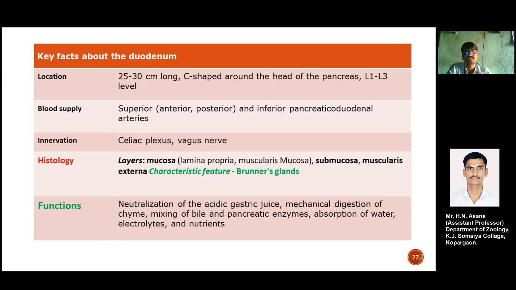Okay, the mixing of bile and the pancreatic enzymes by the specialized ducts which open into the duodenum. Okay, the absorption of water, electrolytes and nutrients, water soluble nutrients and the sugars, is carried out by this duodenum, as it has the absorptive cells on the microvilli.